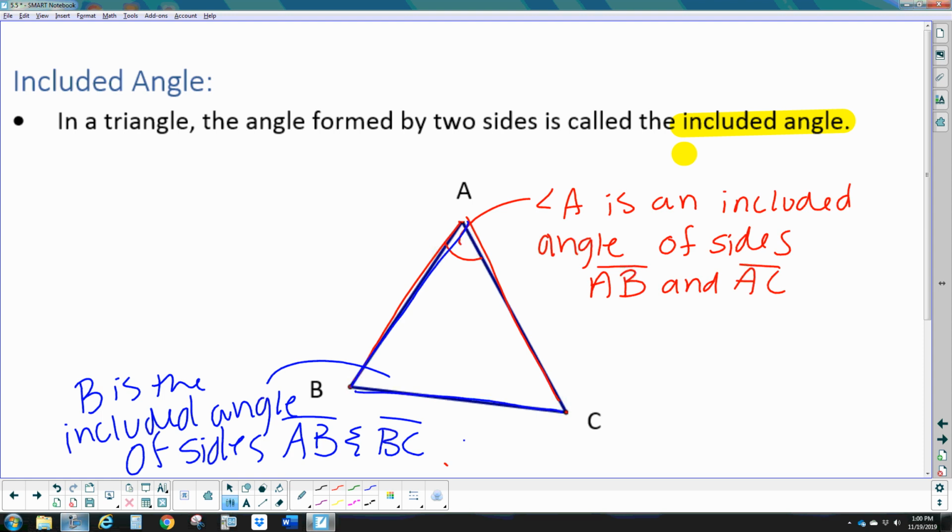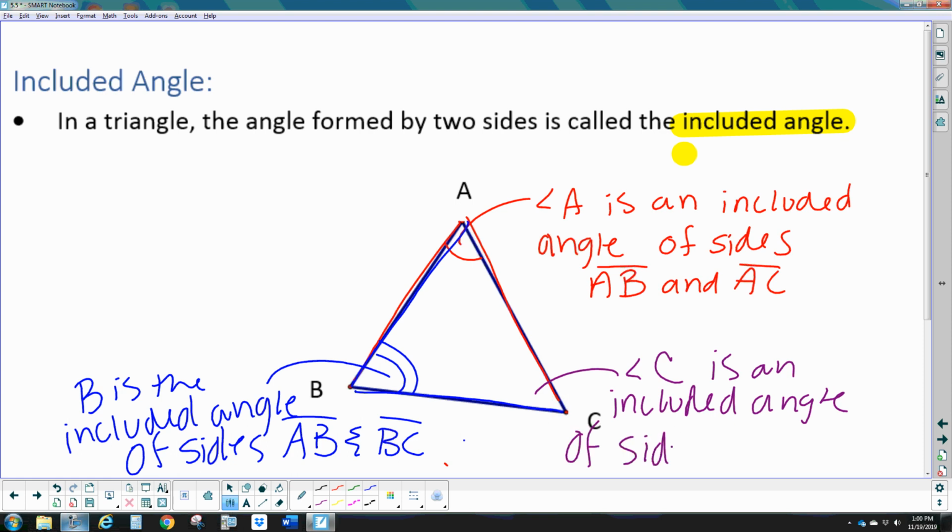So AB and BC come together to form angle B. And then lastly, we can say angle C is an included angle of sides AC and BC. So AC and BC come together to form angle C. Okay, so C has to be between the two sides that make that angle in order for it to be included.